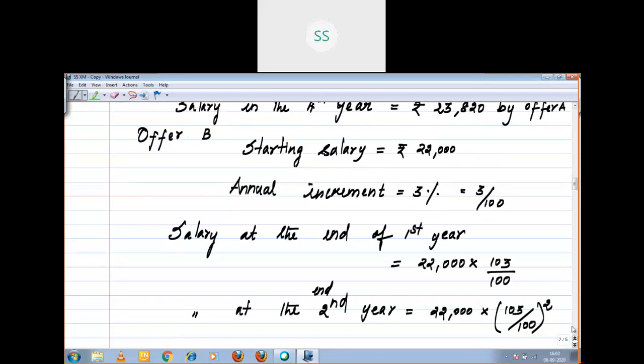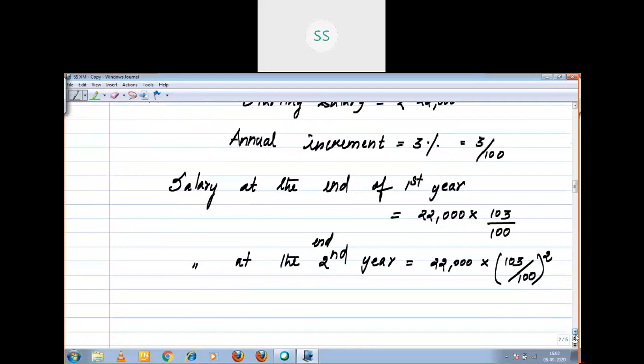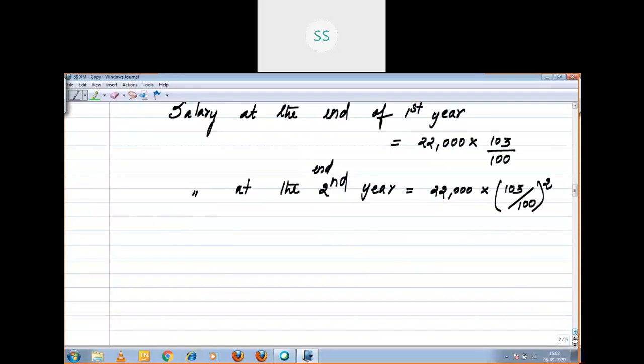It is in GP. So A equal to rupees 22,000, R equal to 103 by 100. Increment they said 3%. That means 100 plus 3, 100% plus.